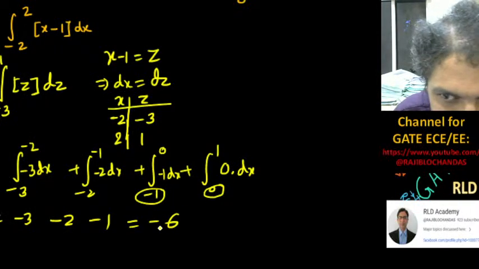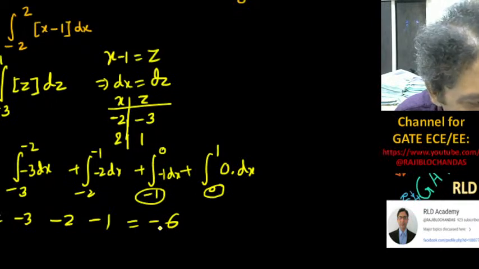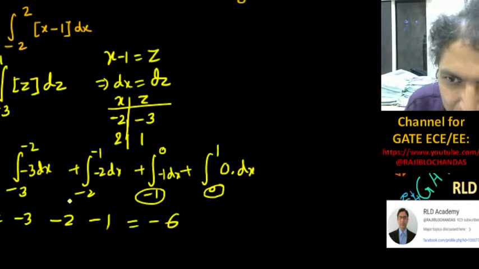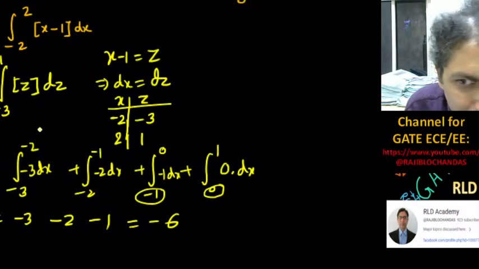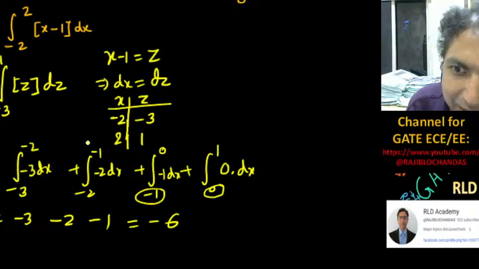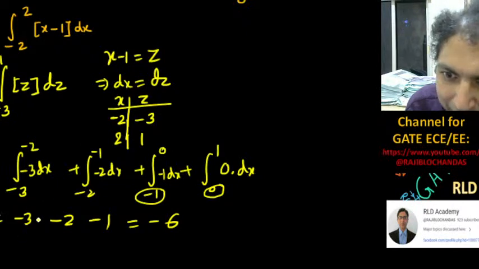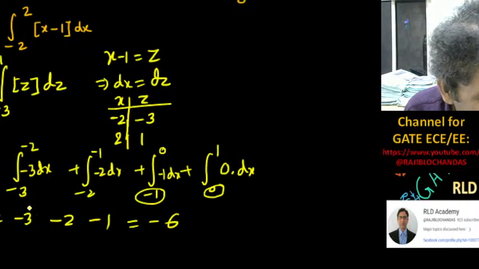Am I correct? I am skipping some steps. Integration of dx is x. Now you can put lower limit minus 3 to minus 2. That gap will be minus 2 minus minus 3, meaning minus 2 plus 3 is 1. The minus 3 is outside, multiplied, so it will become minus 3 only. It's clear?